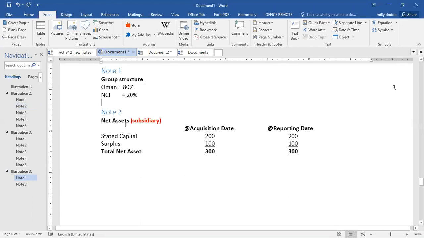Then you have recoverable amounts at the end of the year. And then you are required to prepare the consolidated statement of financial position of the Oman Group.